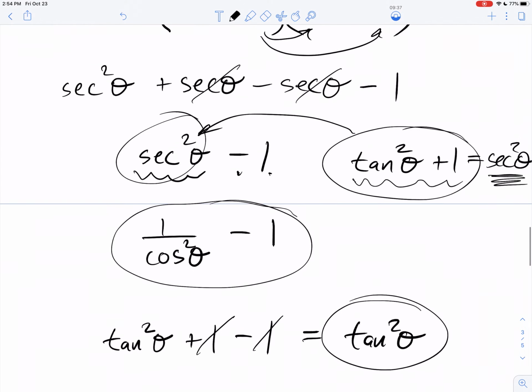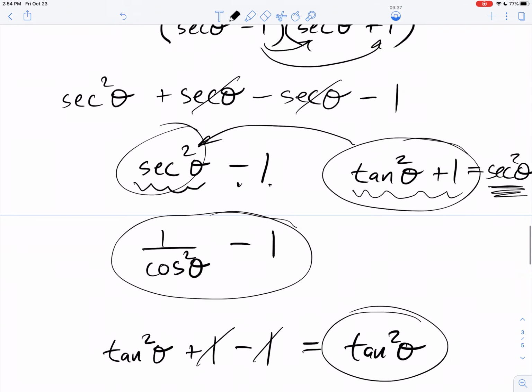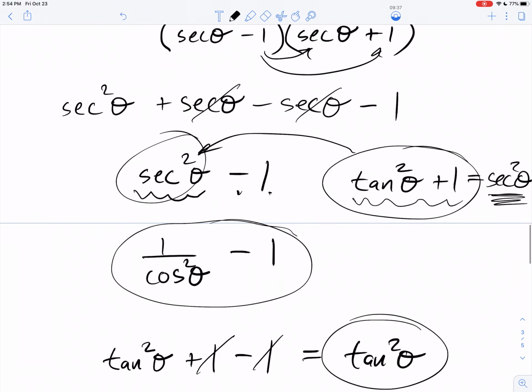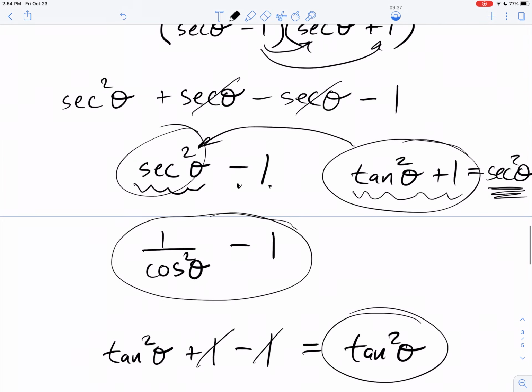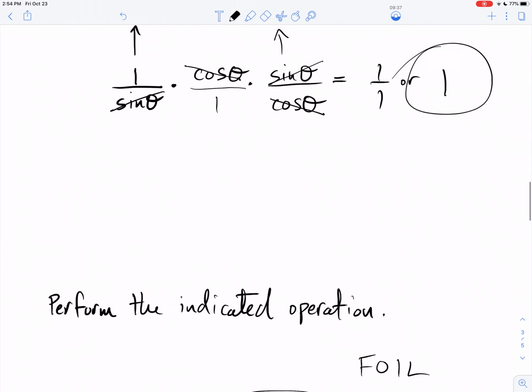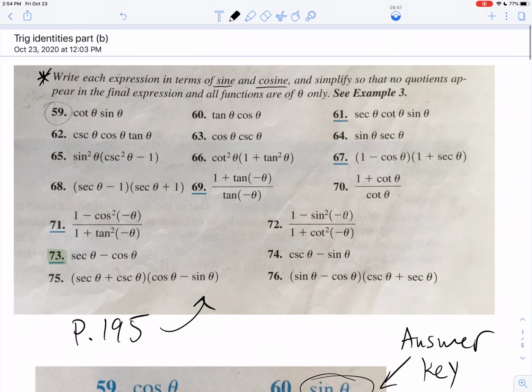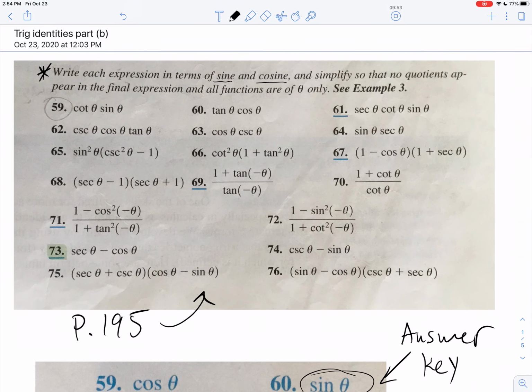See, here's the thing about this. They don't tell us where the end of our journey is, but I have to scroll up quick to show you. Our journey ends when we have written that there is no quotient in the final expression, and all functions are that of theta.